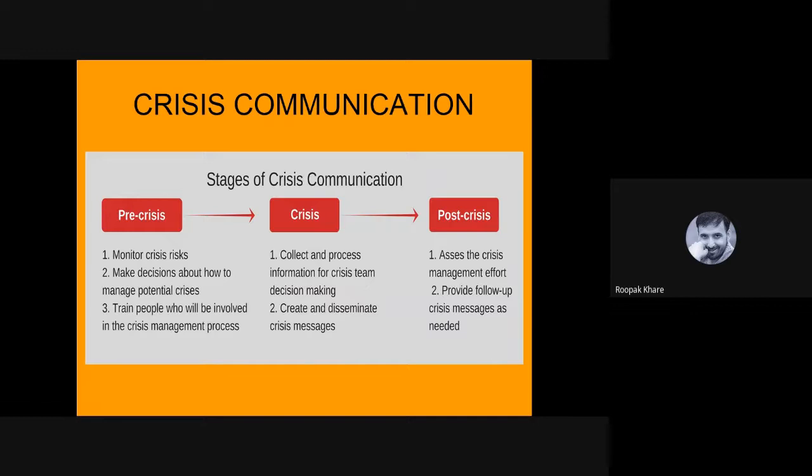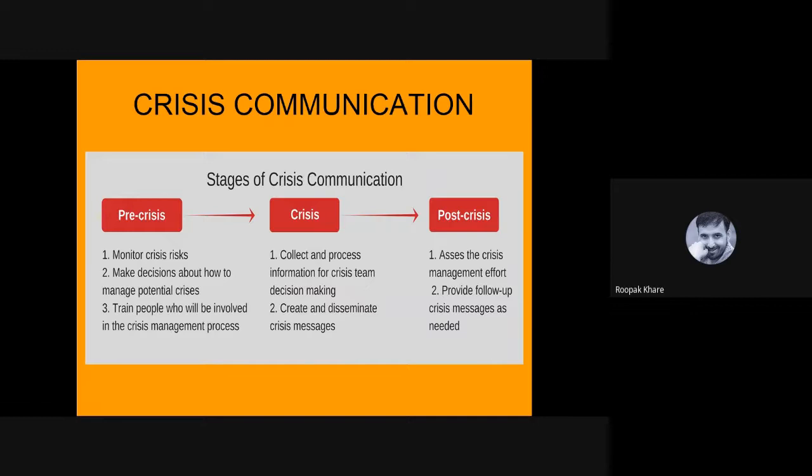If it is due to an electrical malfunction, how to handle it. If it is due to some fossil fuels, how to put it out. Whatever the reason, people should know how to handle it. Firefighting training, right? So this is a pre-crisis kind of training.